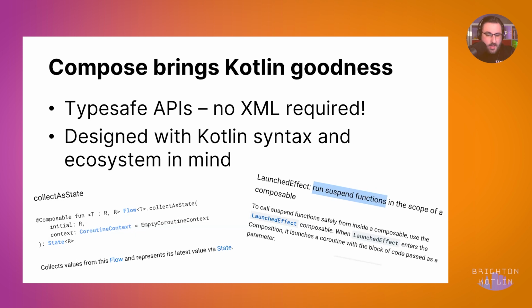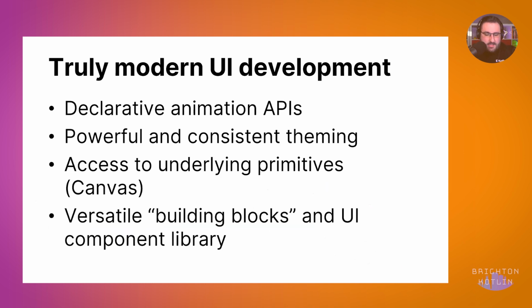Or there's an extension function on Kotlin flows, which allows you to collect them as the state of your user interface. So it's really probably the most Kotlin way to write user interfaces. And it comes with a bunch of other fun things as well, which make it a really powerful UI framework, even when we don't compare it with other things.